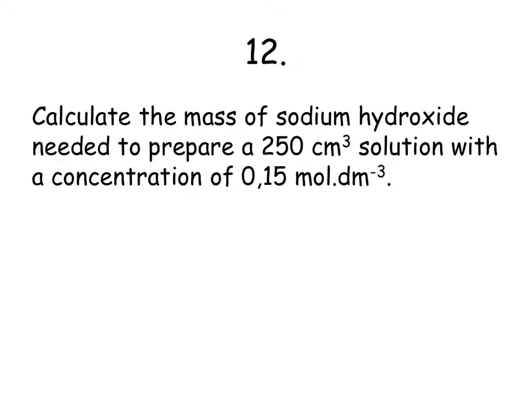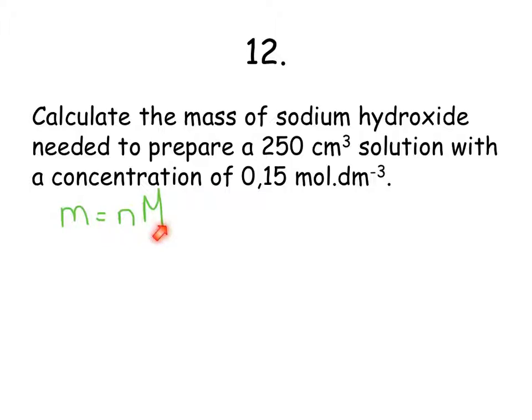If I'm now asked to calculate the mass of sodium hydroxide needed to prepare a certain volume of a certain concentration, the first thing is that I don't know enough information, because my mass is equal to number of moles times molar mass. I don't have the number of moles.